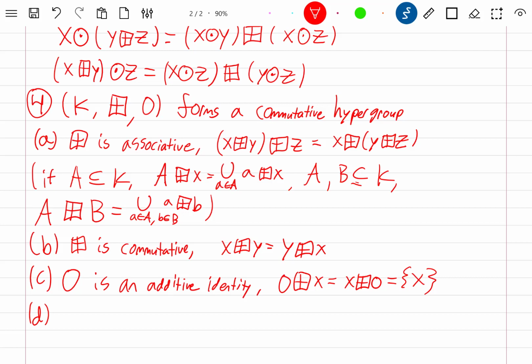So, good. We now need inverses. And the way we define inverses is as follows. For every element in our hyperfield, there's a unique element that we denote by negative x in K, such that 0 is an element of the set x plus negative x.